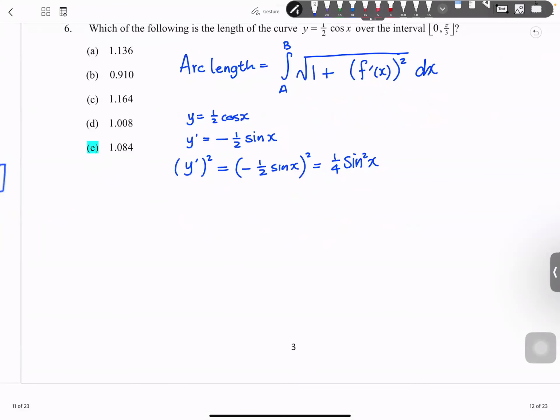Plugging it into our formula, the arc length is equal to the integral from 0 to pi thirds of the square root of 1 plus 1 over 4 sine squared of x.